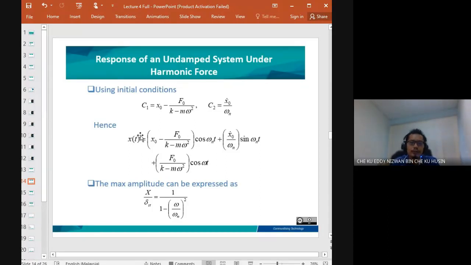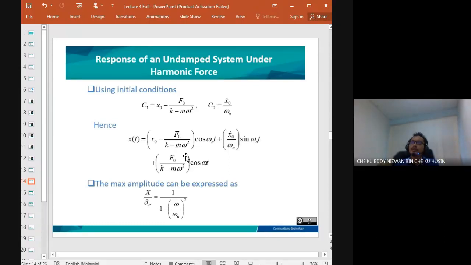So this one is a general equation. If you're given the initial displacement and initial velocity, you can use this condition. But you have to consider that here K and M must be the equivalent K or equivalent mass.